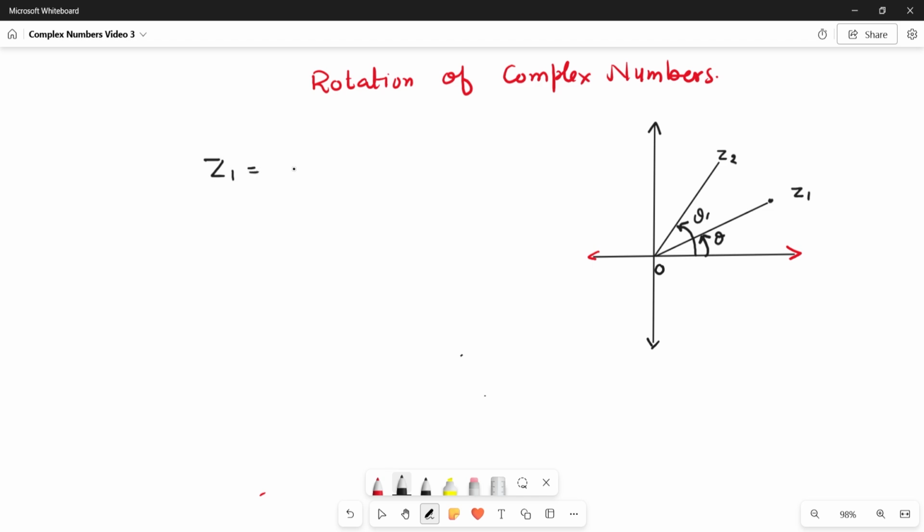Z1 is equal to R into e raised to, this is the polar form, and we convert this into Euler form.